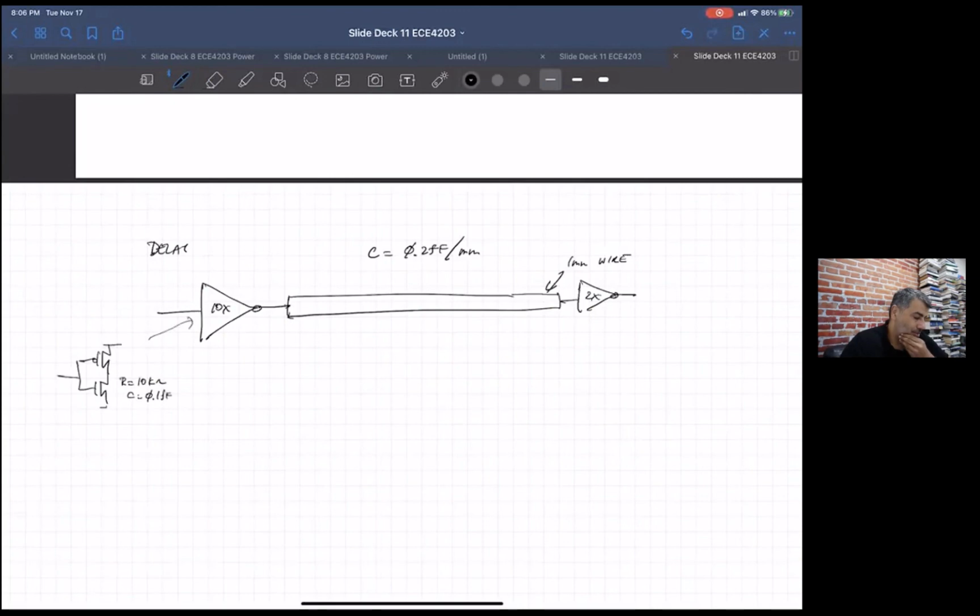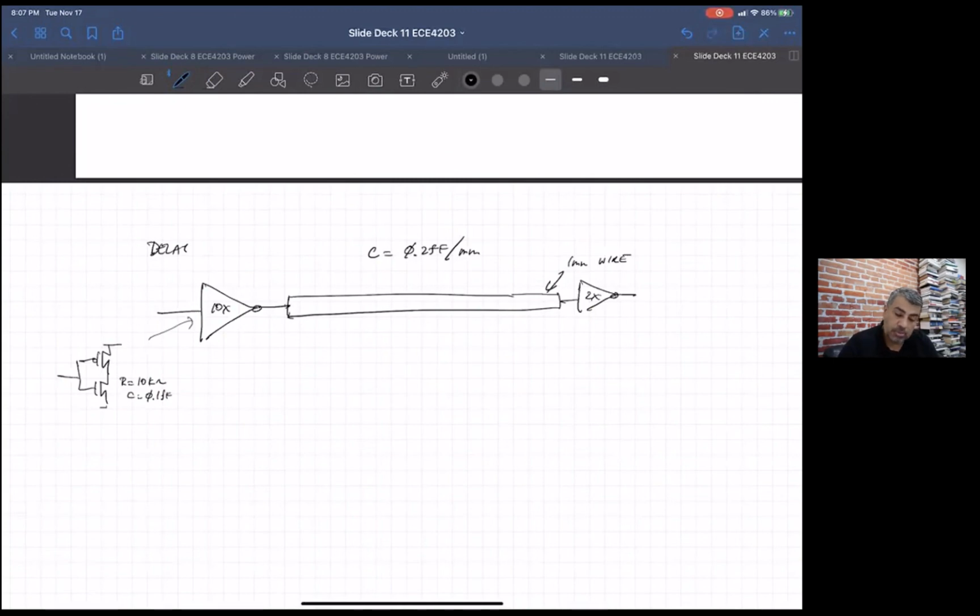Let's see, what else do I want to say? Oh, and then let's say the resistance of this wire is... sorry, what is this slide saying? There's a bunch of stuff missing from this. Let me just make up some other stuff.